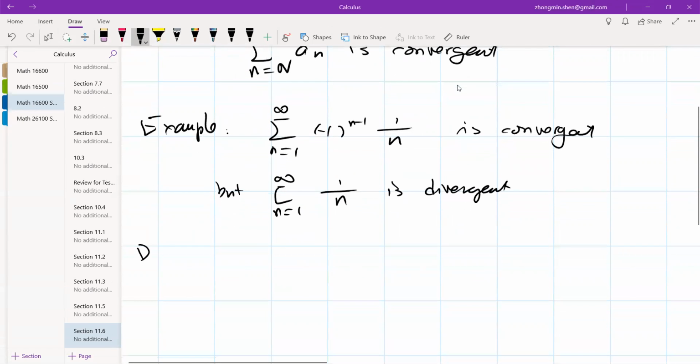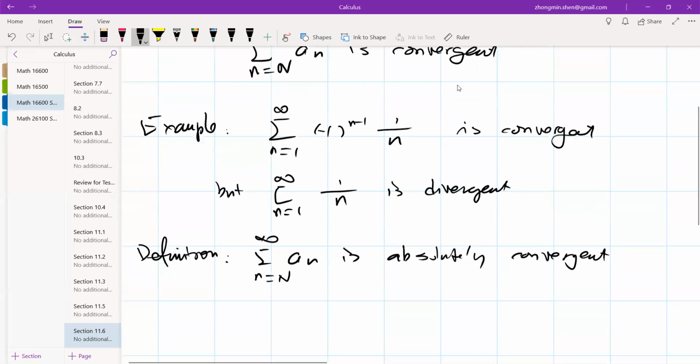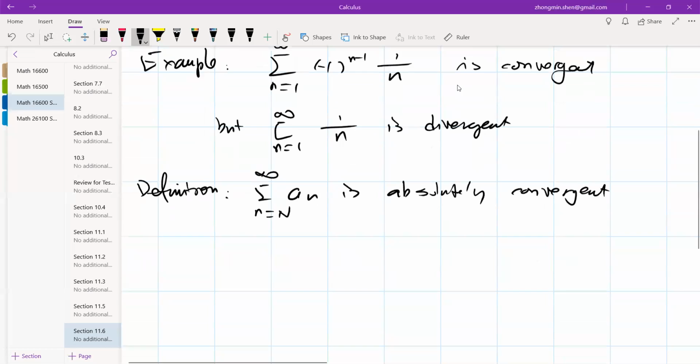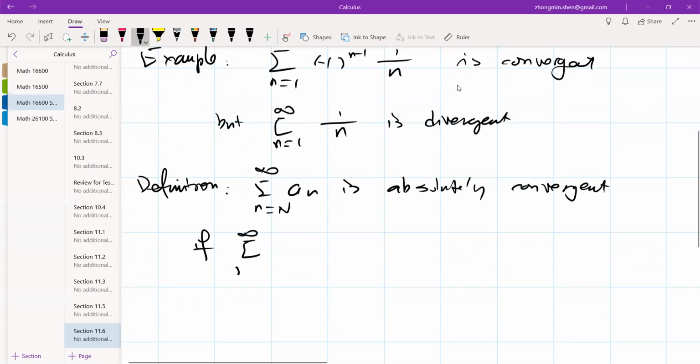So we give a definition. We say this series is absolutely convergent if the series of absolute values is convergent. Definitely it's convergent, because the original series is convergent, so that's why we can say absolutely convergent.